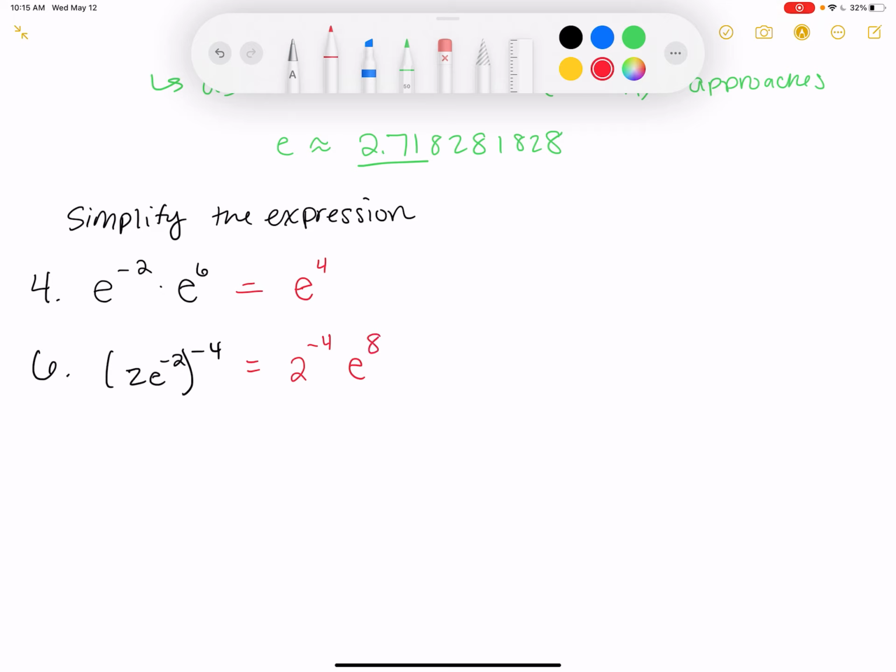Am I done? No. Why? Because of the negative exponent. I can't have a negative exponent, so I need to put it over something. So 1 over 2 to the 4th times e to the 8th, and 2 to the 4th is 16. So 1 over 16, e to the 8th, and now I'm done. Or if you want to write it as e to the 8 over 16, that's fine too.